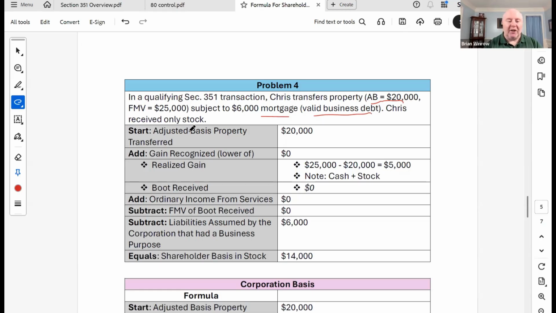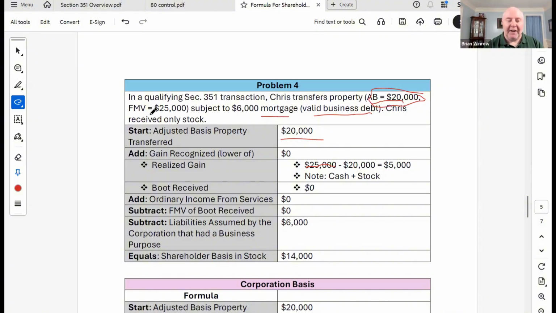So let's go ahead and start out. Adjusted basis, well, we already knew that was $20,000. So let's go ahead and take the $20,000 plus the lower of realized gain or boot received. Well, what's our realized gain in here? Well, let's take a look at it. Fair market value of 25. Oops, I should have put something else here.